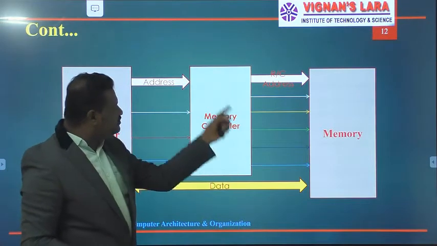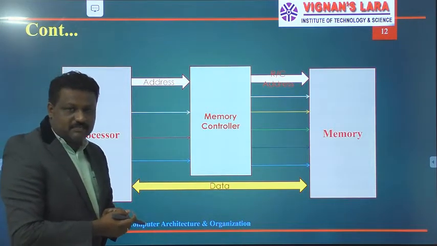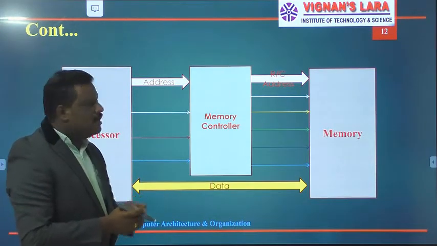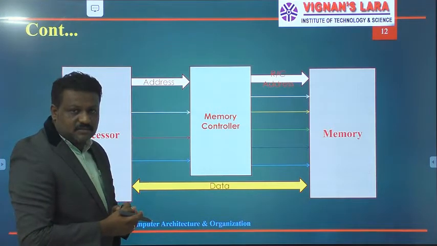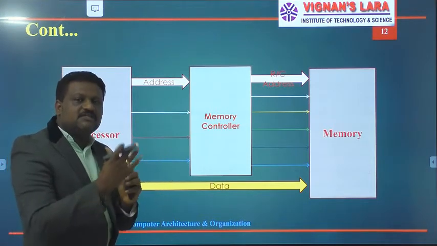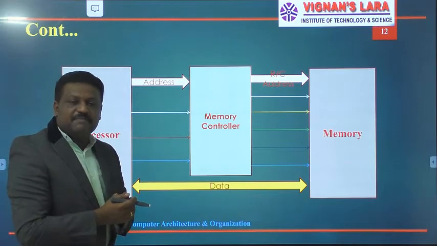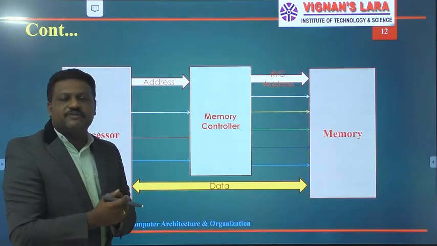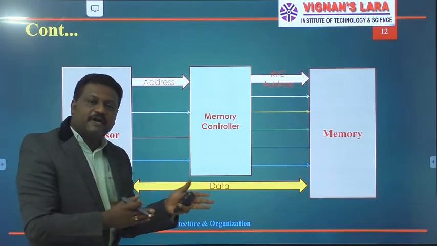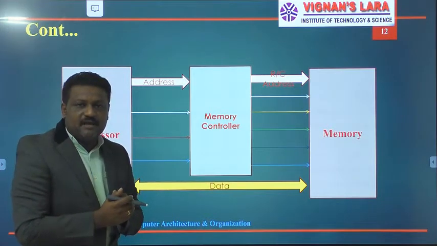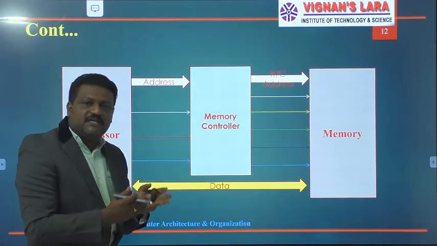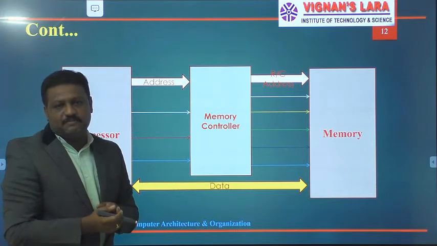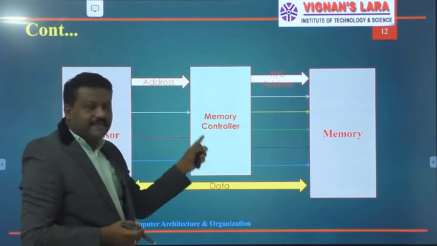That address is received by the memory controller with the help of the address bus or address lines. Once it receives an address, it splits that address into two partitions. One partition is used for selection of a row, which we do with the higher order bits of the received address, and the lower order bits are used for selection of a column. So that is taken care of.